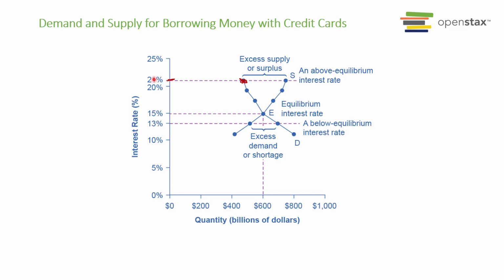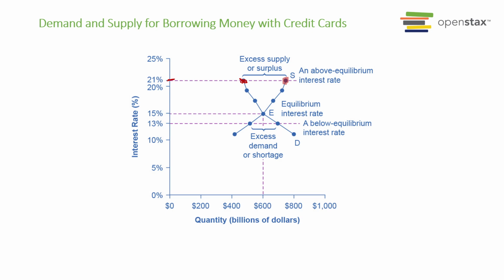If the interest rate's that high, not many people are going to want to borrow. But you're going to get a lot of credit card companies that would love to lend money at 21%. In other words, this is the supply right over here. So this is an excess supply or surplus of credit.